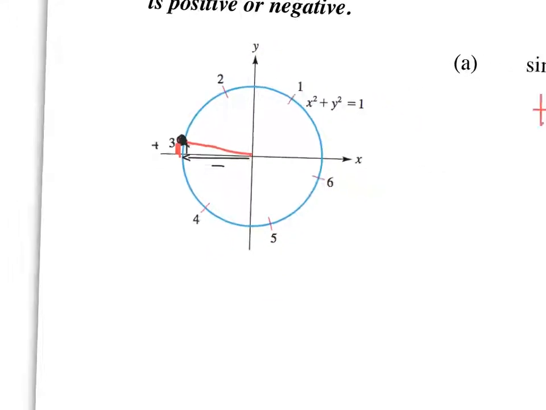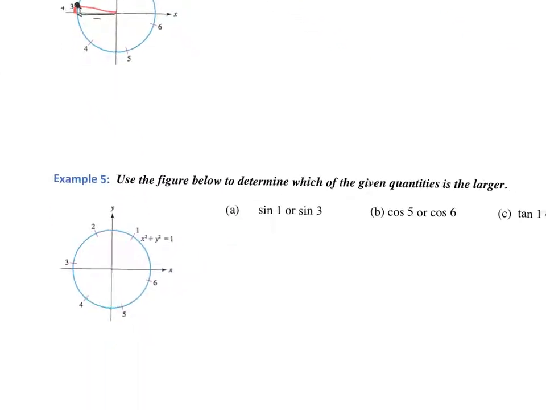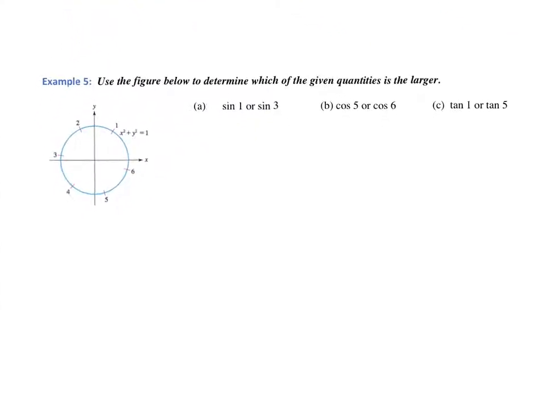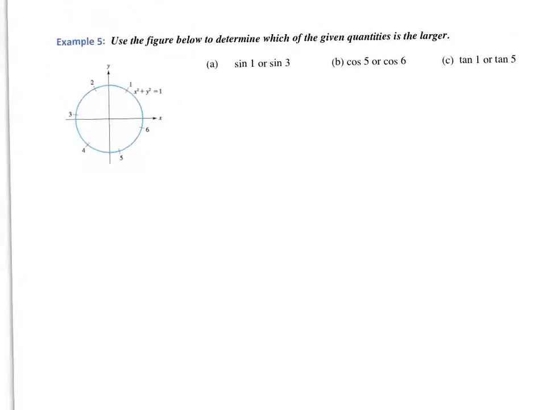And then all you have to do when you get down to here is determine which one is smaller or larger. Sine is our Y value. So if I were to compare the Y value, the up and down value, to 1 versus to 3, which one is larger? 1. So sine of 1 has to be larger.